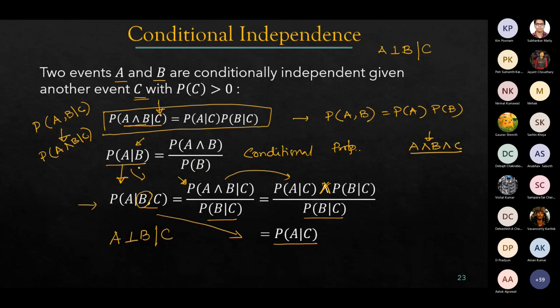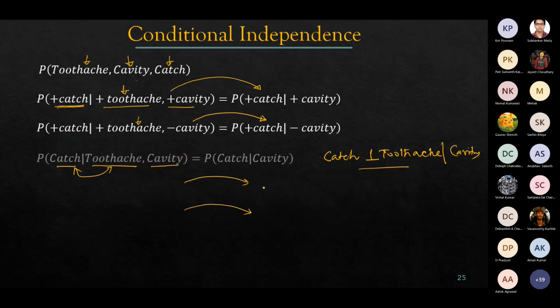Here we are conditioning with another extra variable C. How do you write A condition B? You write A condition B to be A and B divided by probability B. Here we are conditioning with another variable C, so we are just rewriting this with this new condition. That's it. Okay, sir. Got it.